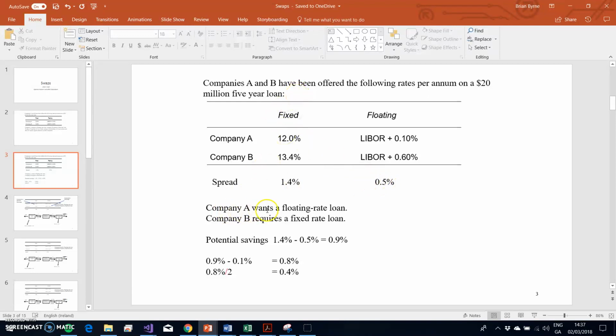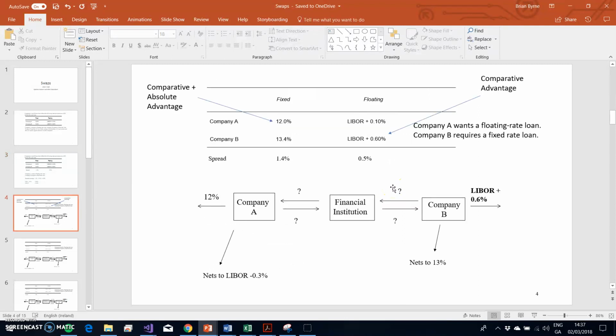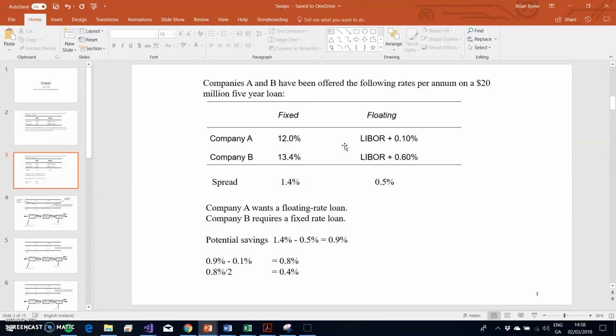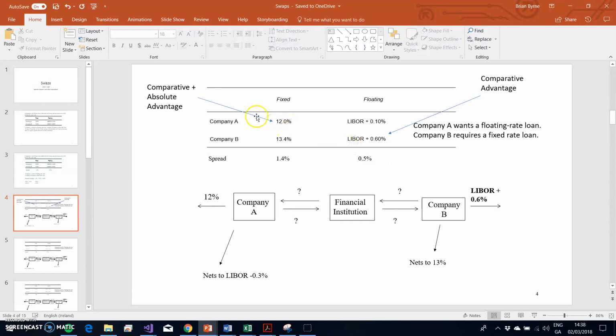Interestingly, the swap allows us to exploit the disparity in the rates, and it also kind of maps out the terms we use to describe the situation: we talk about comparative and absolute advantage. These are relatively old terms in economics.